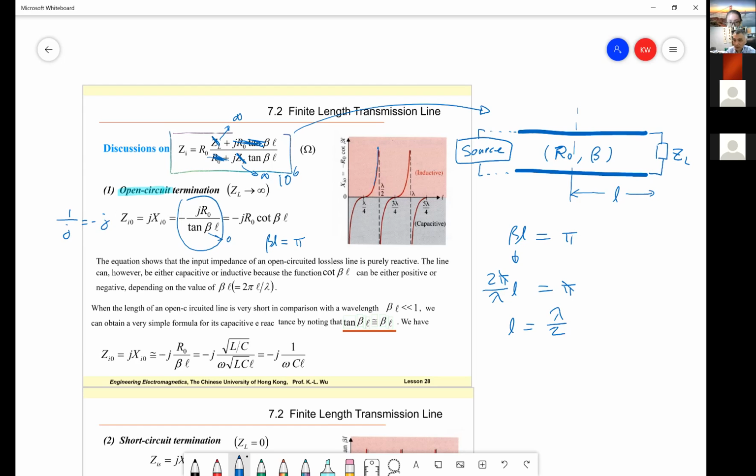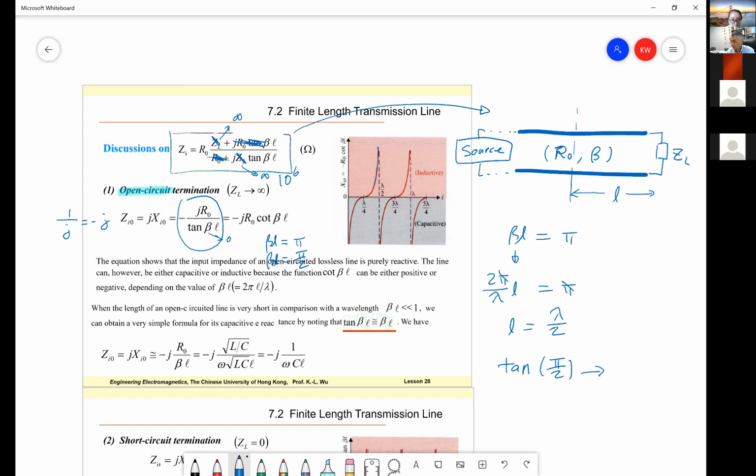Once beta L equals pi over 2, tangent of pi over 2, what's that equal to?